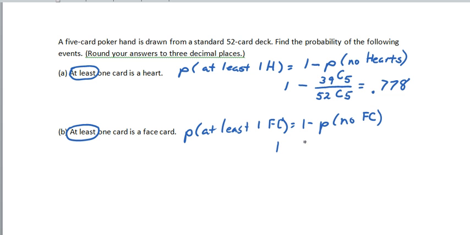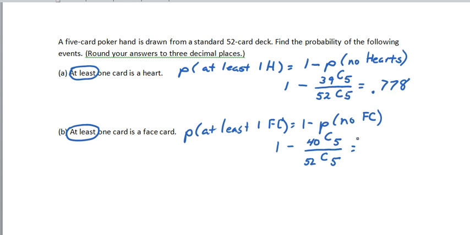This would be 1 minus, now we have to think for a minute, 12 of the cards are face cards, and so 40 of the cards are not. So 40C5 ways to get a hand that does not have a face card over 52C5 ways to deal the hand.